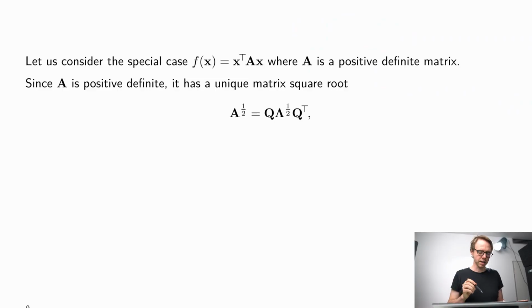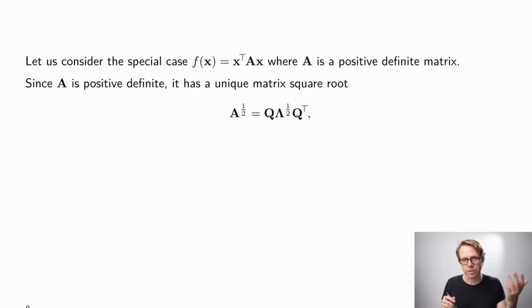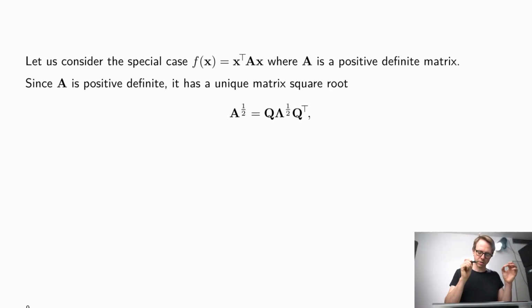Let's consider the special case where f is the quadratic form with a positive definite matrix A. Because A is positive definite, we can actually take its square root. Remember, we can take arbitrary powers using the spectral decomposition by taking powers of the eigenvalues. So A to the 1/2, the square root of A, is Q times lambda to the power of 1/2, with lambda the eigenvalues and Q the matrix of orthogonal eigenvectors, times Q transpose.